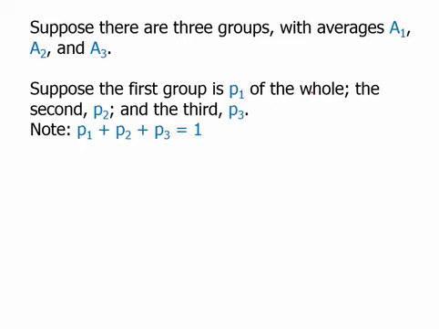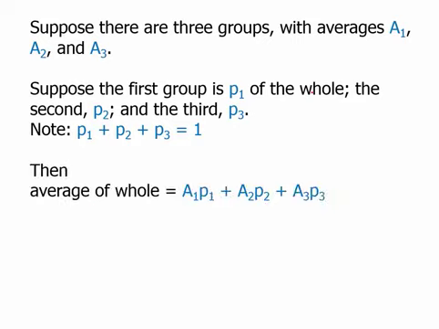Then we'd have the proportions. And of course, all the proportions should add up to 1. All we have to do is take the product of each average times its own proportion. So average of the first group times the proportion of the first group, plus average of the second group times the proportion of the second group, plus, and do that for each group, and that sum will be the average of the whole.